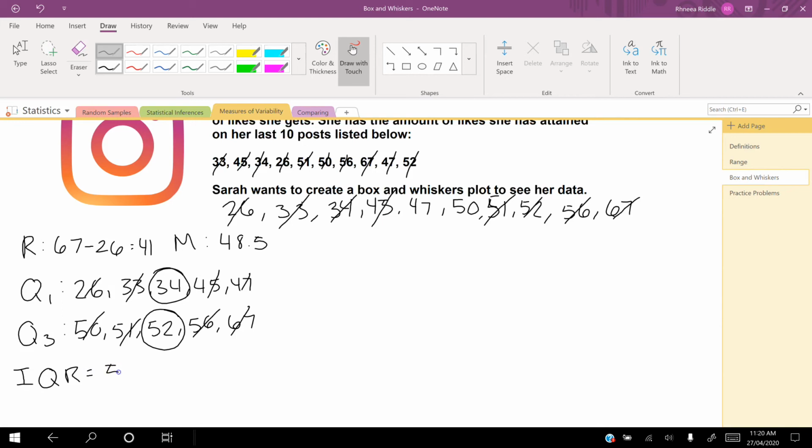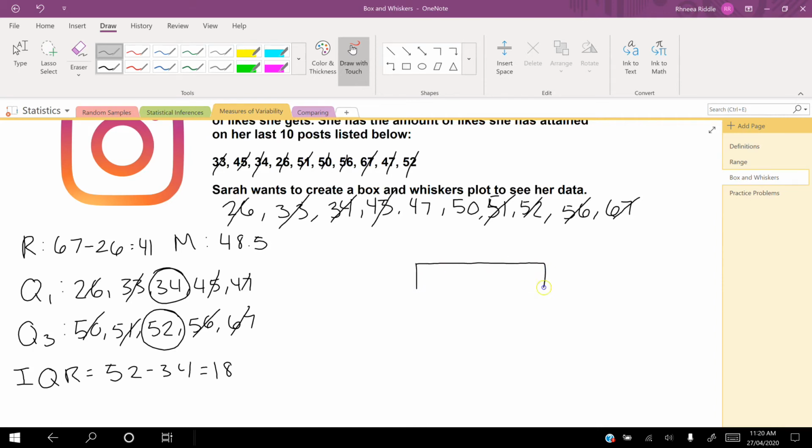This is going to be 52 minus 34, and the difference between the quartiles is 18. So we should have all our data here to be able to create the box and whiskers plot. So again, like I said before, we start off with a box.